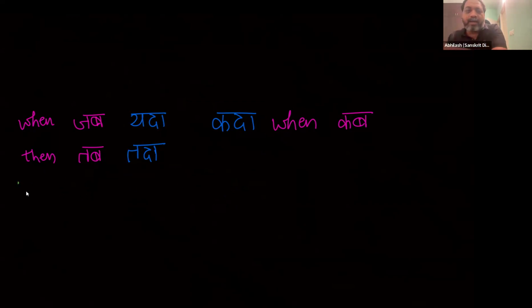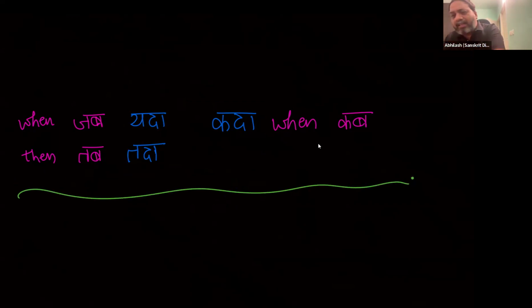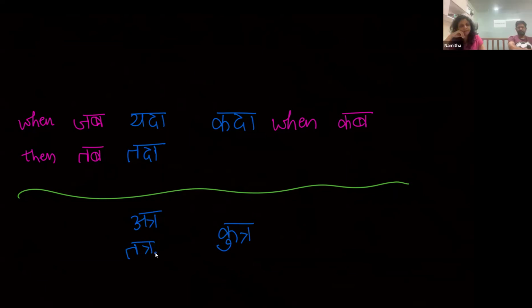For kutra, we have done atra, which is "here", and tatra, which is "there". There's a yatra also. Again, I don't have an equivalent in southern languages for this.